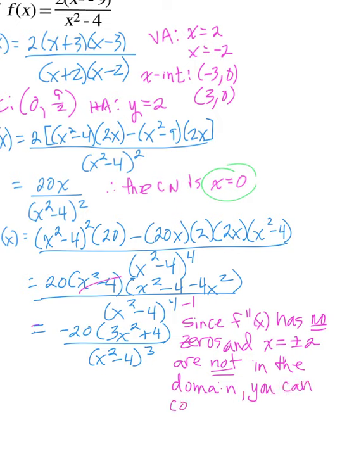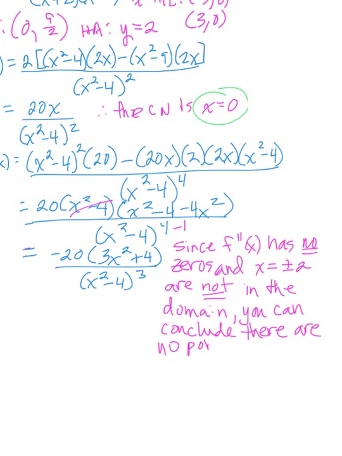You can conclude, I'm going to move that up so that I don't have a problem like I had on the last page. So there are no points of inflection.